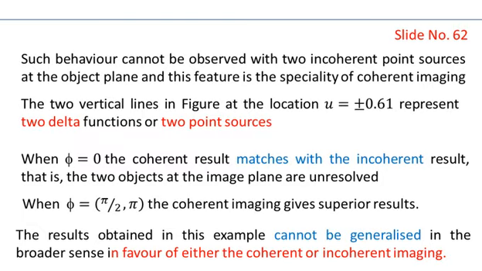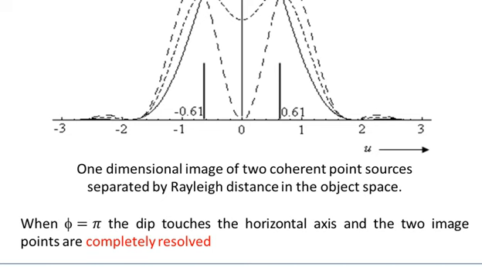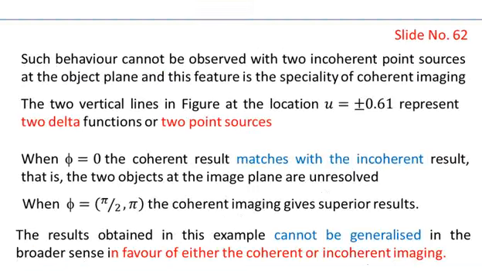The two vertical lines in the figure at u equal to plus minus 0.61 represent two delta functions, or the 2 point sources. Look at these two peaks.